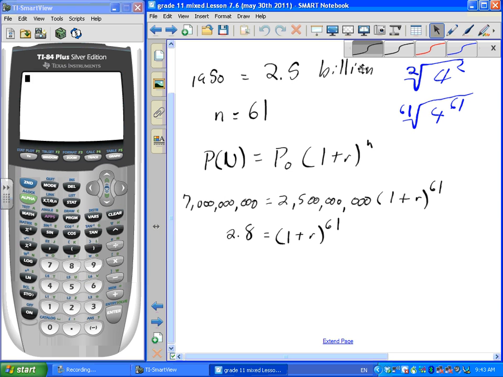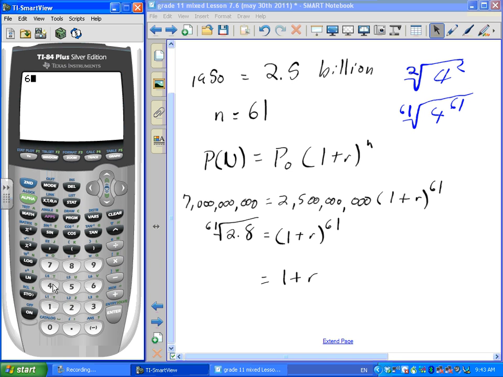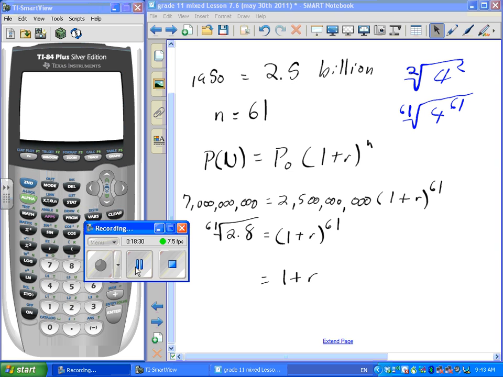Okay, so when I said we have to find the 61st root, luckily what that means on the right side is we're just getting rid of the power of 61. So I'm going to be left with 1 plus R. But on the other side, I have to find the 61st root of 2.8.